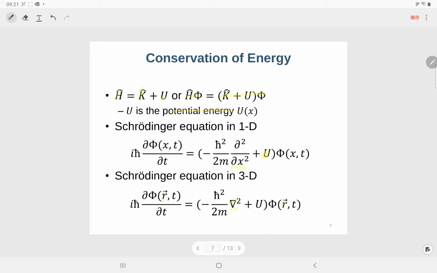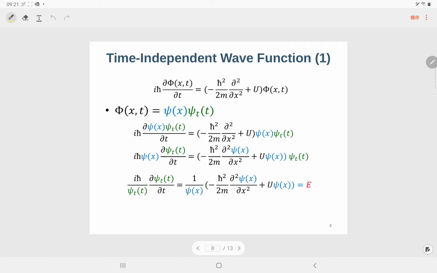But we will not use that. So we try to solve this one. Actually, we can make some calculation, and then we'll come up with the equation that appears in the lecture slides. We only need to do some simple calculation.